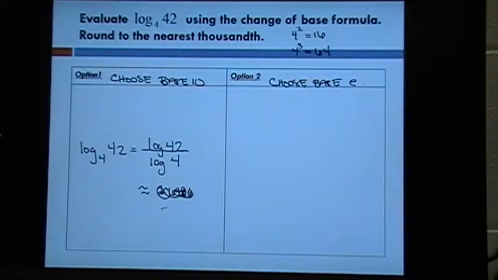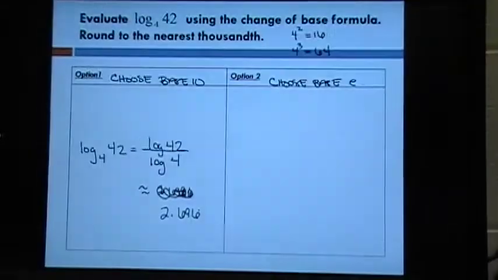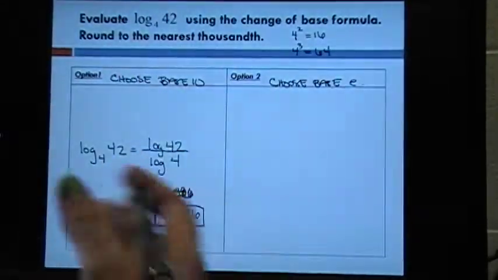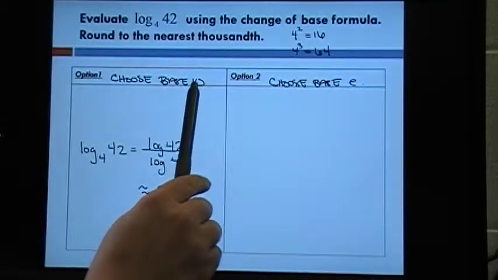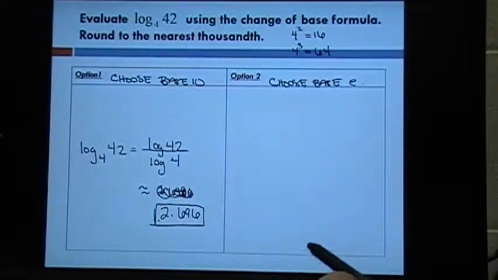Let's try that again. 2.696. And I am seeing that I'm getting a value between 2 and 3, which is what I expected. But according to change of base, it shouldn't matter what I choose as my base. It shouldn't matter if I choose 10 or if I choose e. I still should get the same thing.